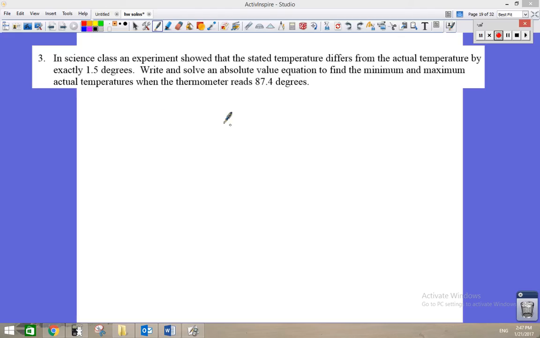So we have two types of temperatures. We've got a stated temperature and the actual temperature. Okay. So when this thermometer is reading this 87.4 degrees, assuming that thermometer is accurate, this 87.4 is an actual temperature.